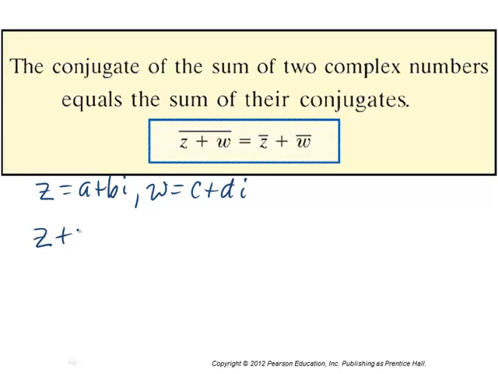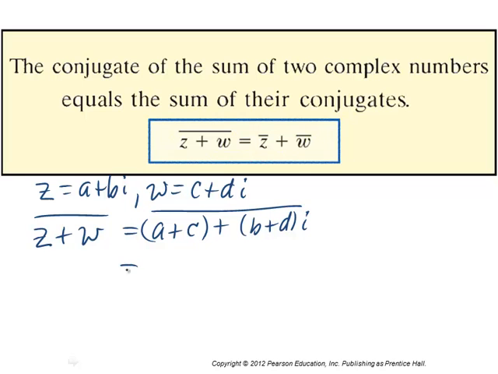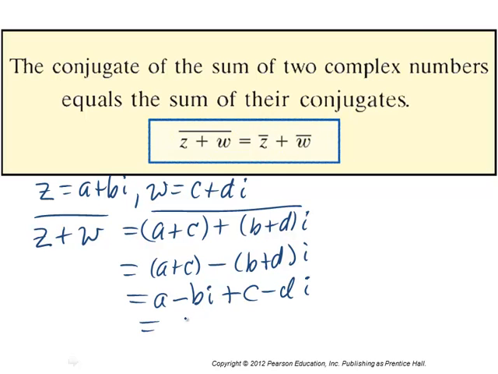The conjugate of z plus w is the conjugate of (a plus c) plus (b plus d)i, which gives us (a plus c) minus (b plus d)i. That's a minus bi plus c minus di, which is z conjugate plus w conjugate.